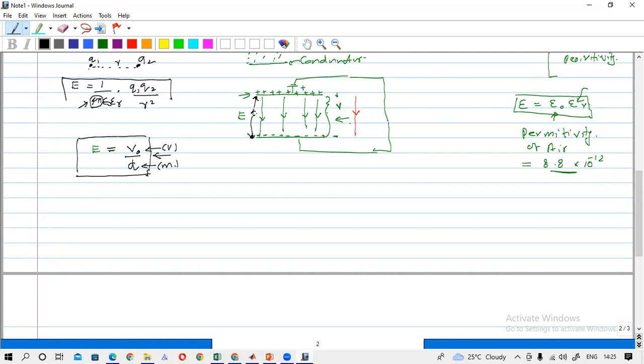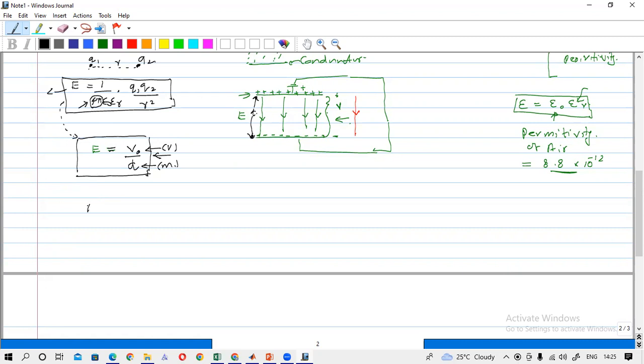This we have learned in A level physics, and you can derive this equation using the previous one. Derivation is not needed, just remember this. I think you are already familiar with it.